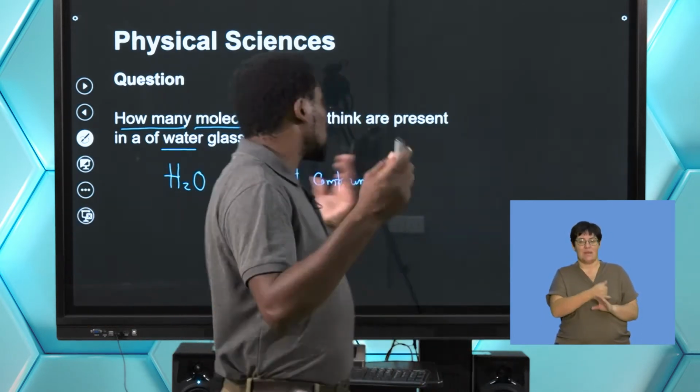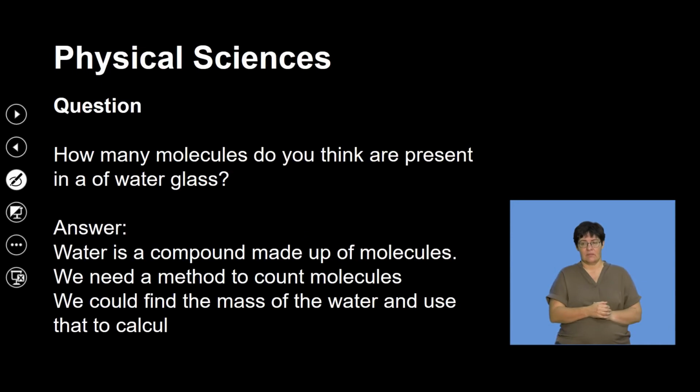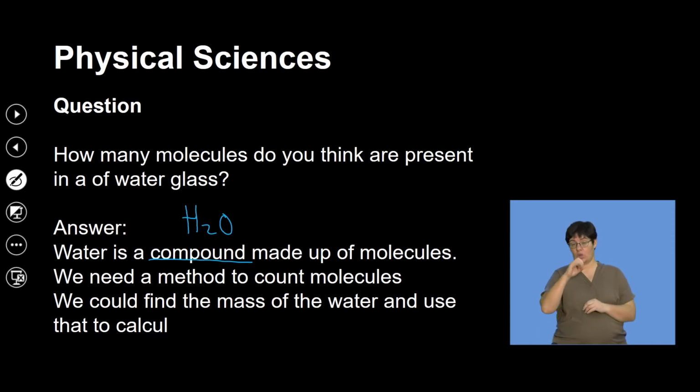Okay, so that's the basic idea, right? And then the question is, how many molecules do you think are present in a glass of water? So the thinking is, water, first of all, is a compound, H2O, okay? That's our starting point. So that's the molecular formula, made up of molecules, okay? We need a method to count the molecules.